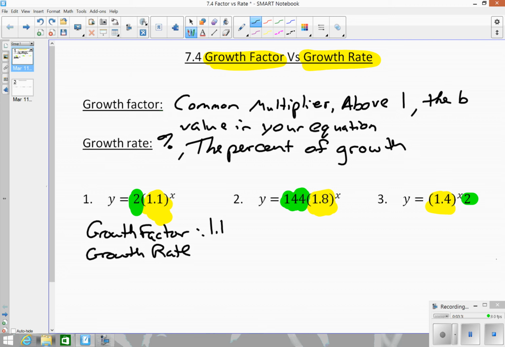Good. Now, your growth rate is a little bit different. Think about a scale. A scale is based off of 100%.